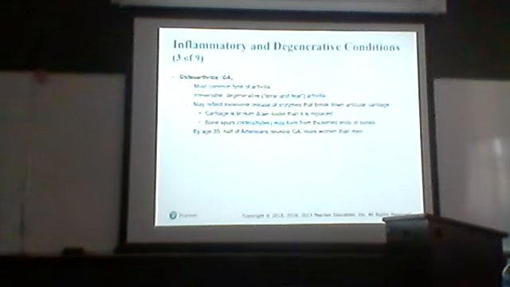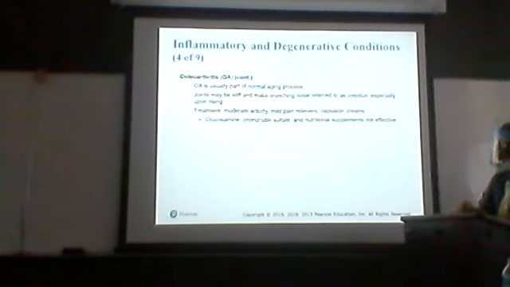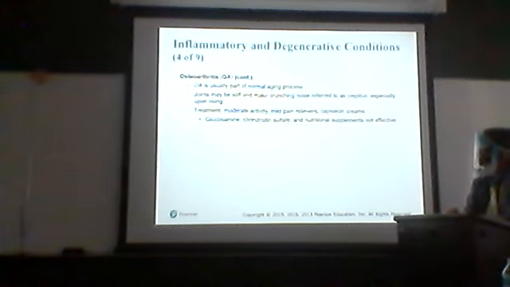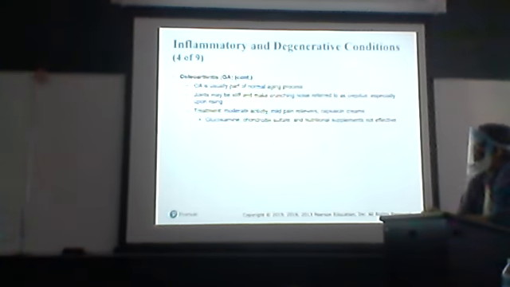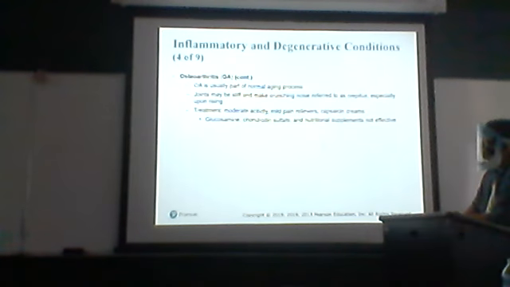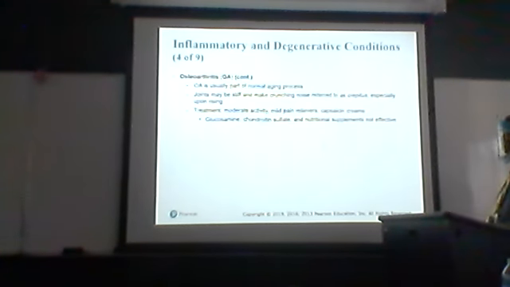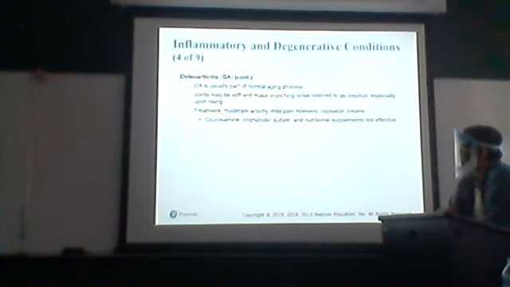Rheumatoid arthritis is the one where the body is attacking itself. Osteoarthritis is normally part of aging. Joints get stiff. They make a crunchy noise, crepitus, especially when you're first getting up. How do you treat osteoarthritis?